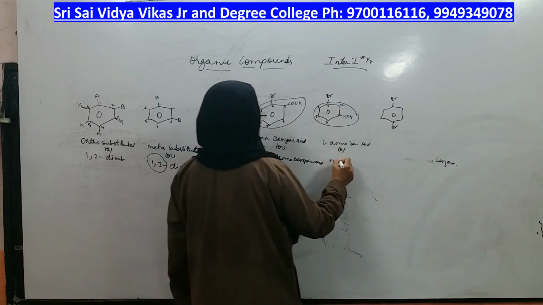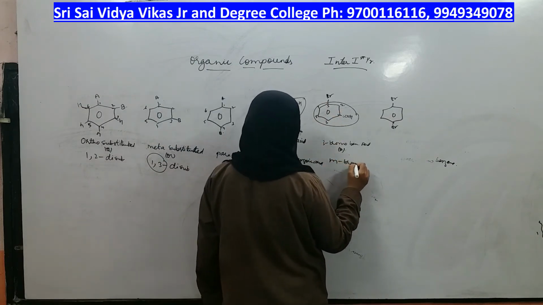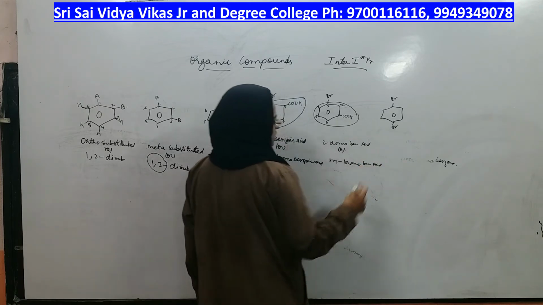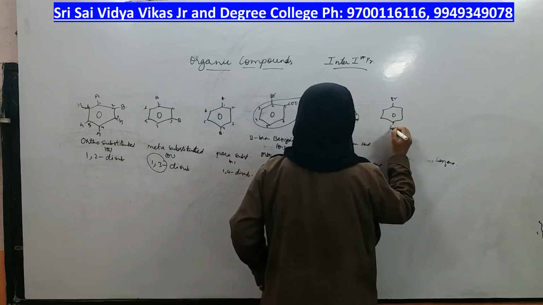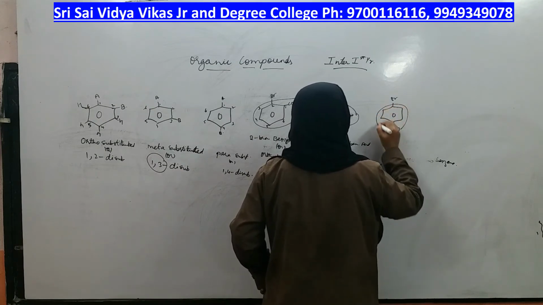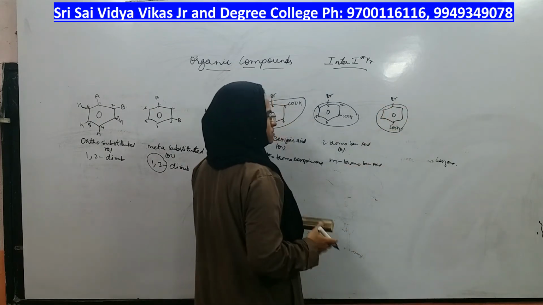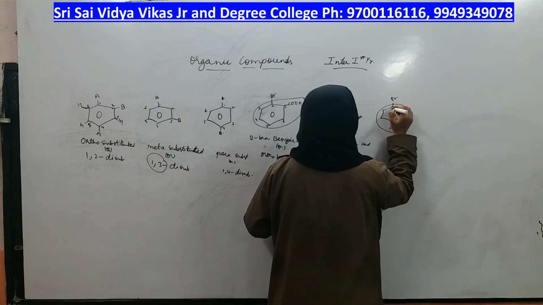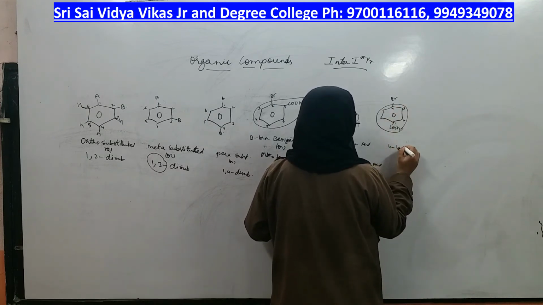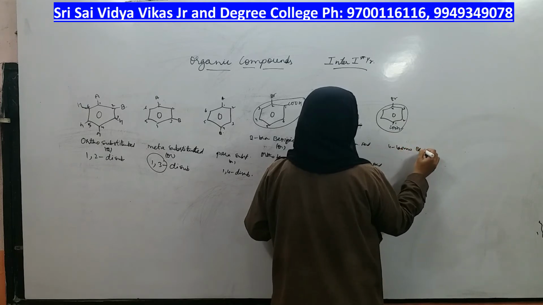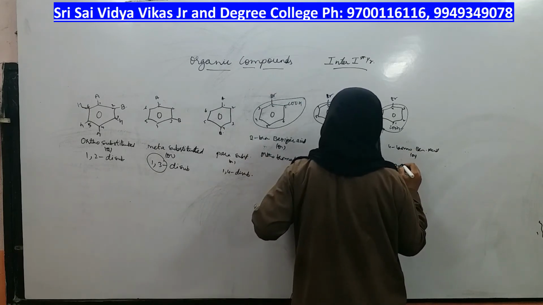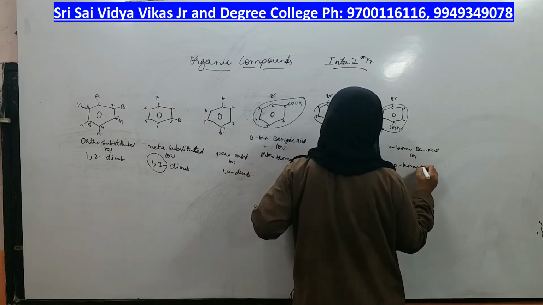So, you can say metabromobenzoic acid. The other ones, this is more important for us, on which bromine group is present. Where is bromine group present? If this is 1, 2, 3, 4. 4-bromobenzoic acid is the actual name, and general name is parabromobenzoic acid.